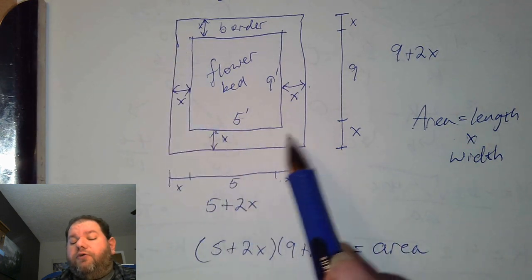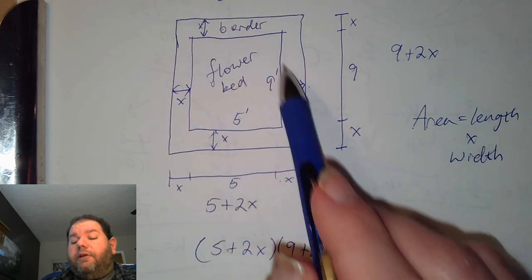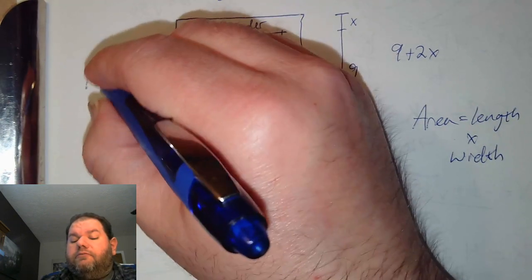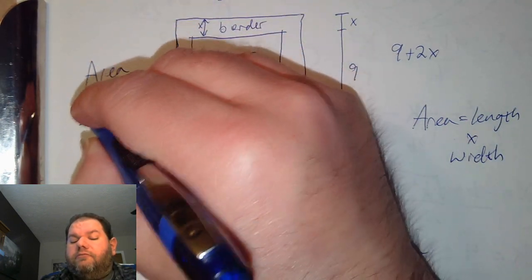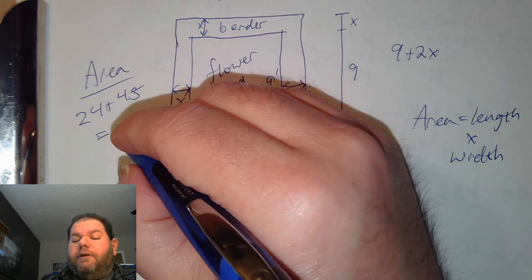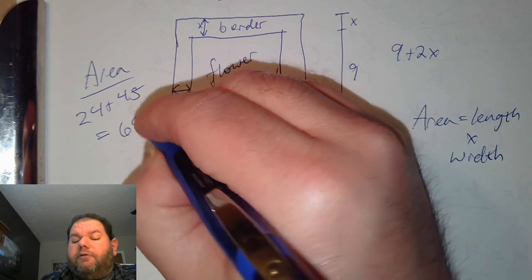So we have 24 square feet on the outside, plus 45, and that comes out to be 69 square feet.